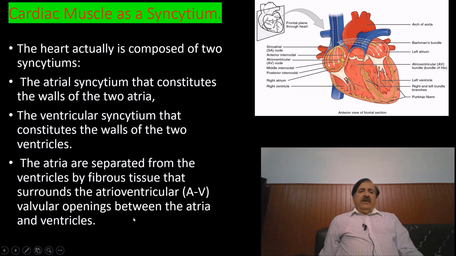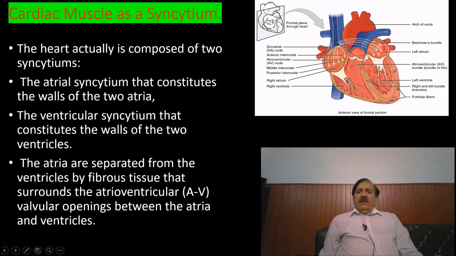The atria are separated from the ventricles by fibrous tissue that surrounds the atrioventricular valve openings between the atria and ventricles. The atria are interiorly covered by connective tissue. This connective tissue plays the role of insulation. When the atria are stimulated or contraction occurs in the atria, this action potential doesn't pass directly from the atria to the ventricles.